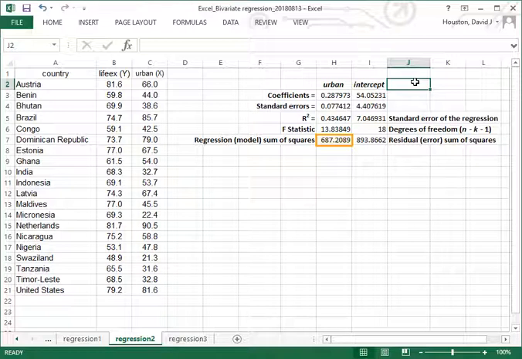And then the residual, also referred to as the error sum of squares, is nothing more than the amount of variation in the dependent variable that we've observed in this sample that is not explained by the regression model. And in essence, to compute the R-square value, all we would do is take the regression or model sum of squares and divide that by the total sum of squares, which is just the sum of regression and residual sum of squares.